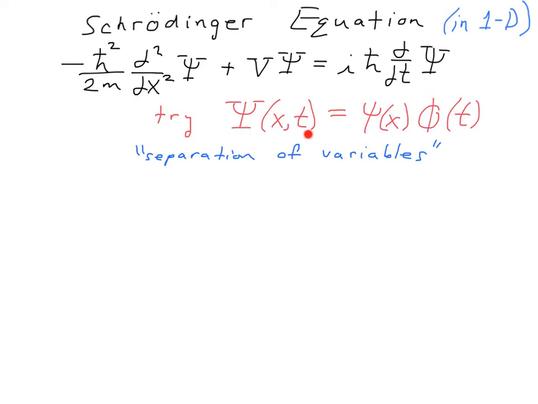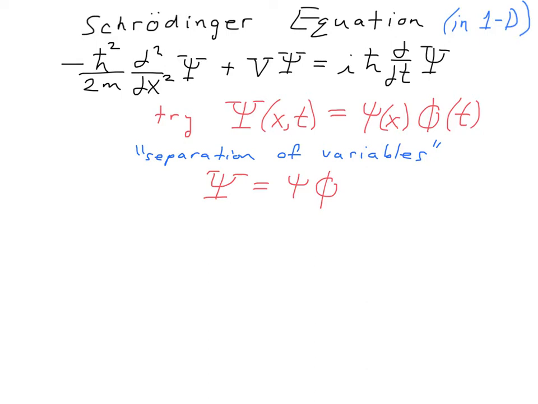So that this overall function will be a product of two functions, one which depends on x, one that depends on time. Now it becomes cumbersome to write explicitly out this time dependence everywhere, so just keep in mind in what follows that capital Psi is something that depends on both position and time.